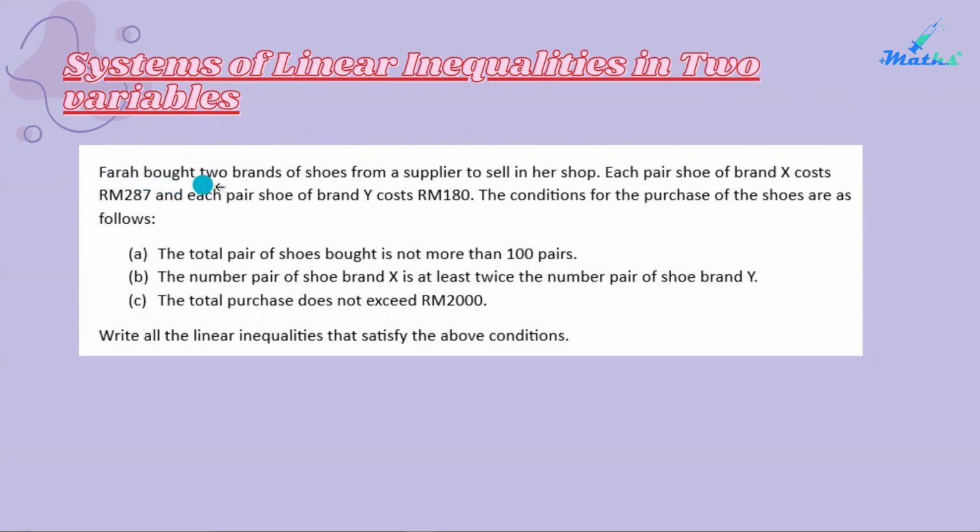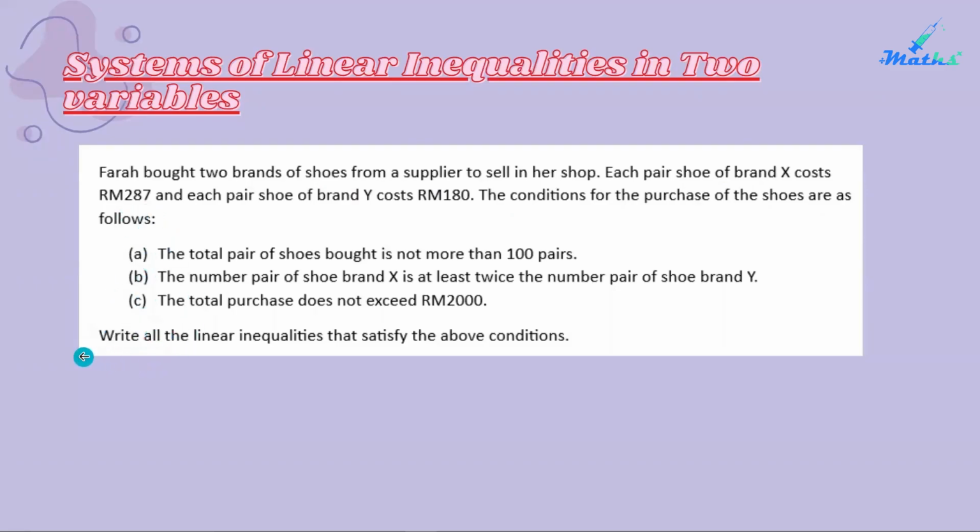Farah bought 2 brands of shoes from a supplier to sell in her shop. Each pair of shoes of brand X costs 287 ringgit, and each pair of shoes of brand Y costs 180 ringgit. The conditions for the purchase of the shoes are as follows, and here there are 3.